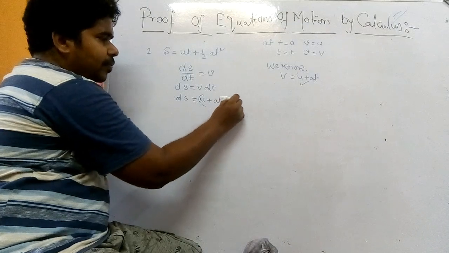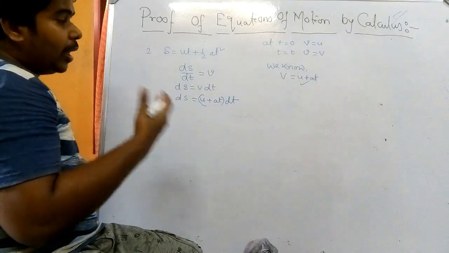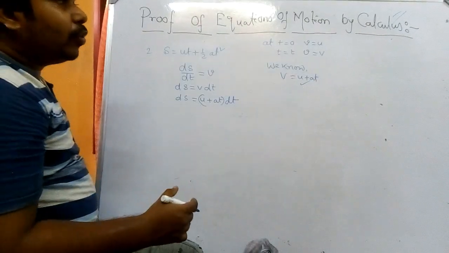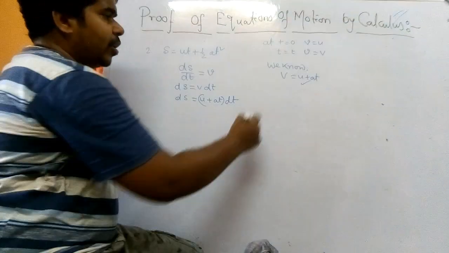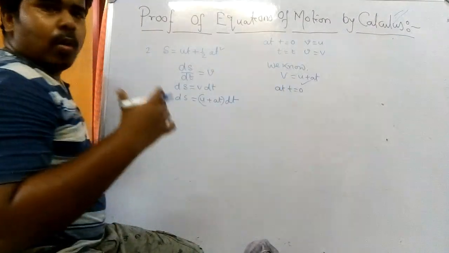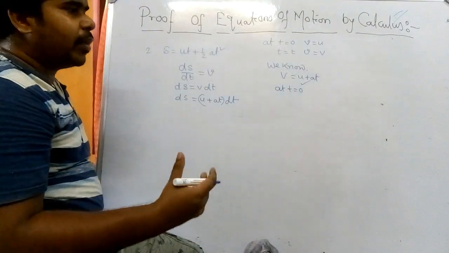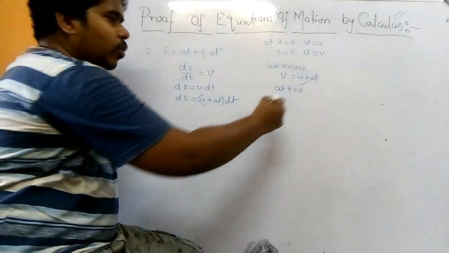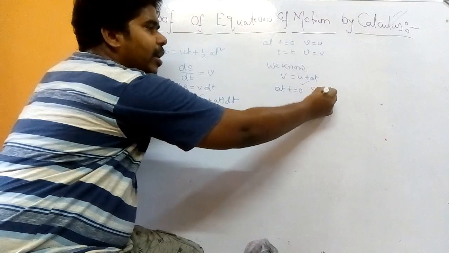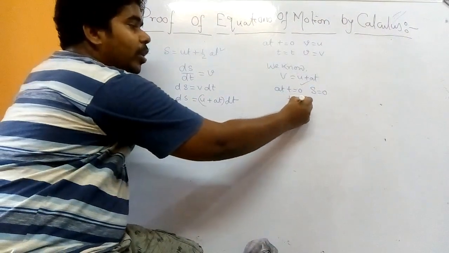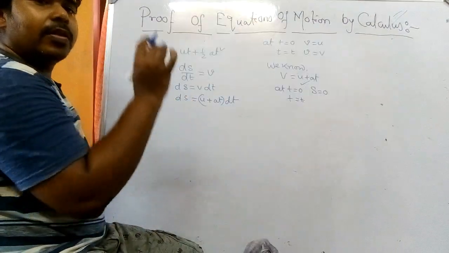Okay, and before integrating, we have to use one certain condition, that at t equals 0, when we have started the time, definitely at that time no displacement has occurred, so we are assuming that displacement is equal to 0. And at t equals t, the time is t.